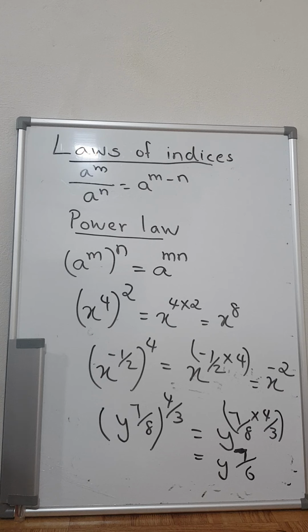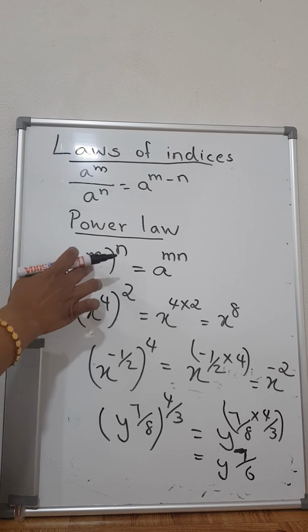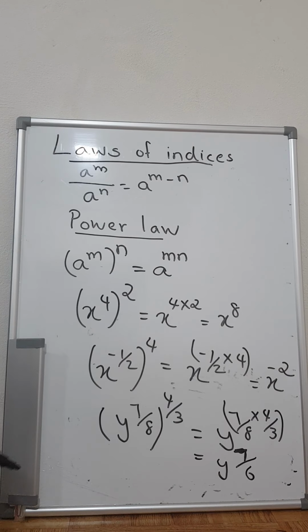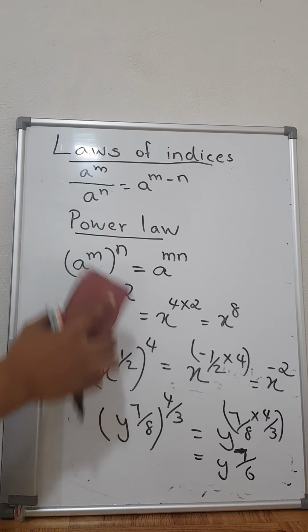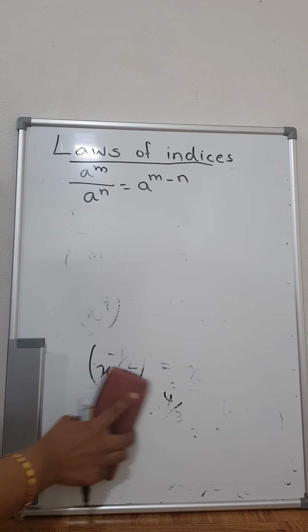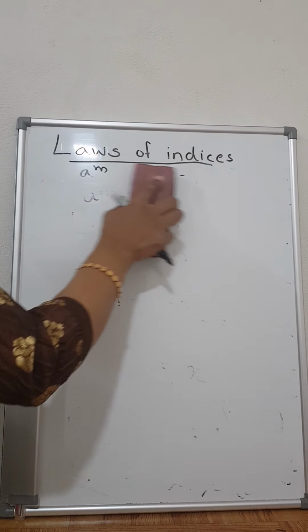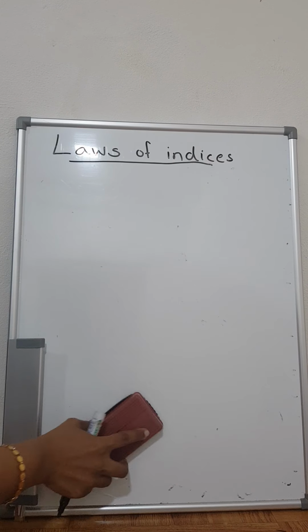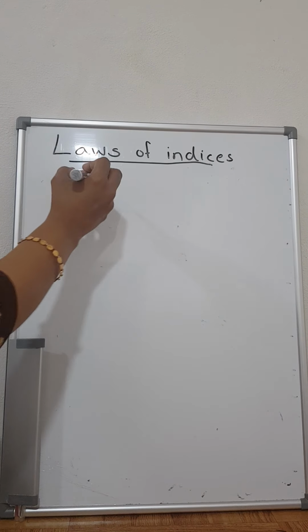So we have learned the power law. According to the power law, a to the power m all to the power n is a to the power mn. See what we have learned from the power law.